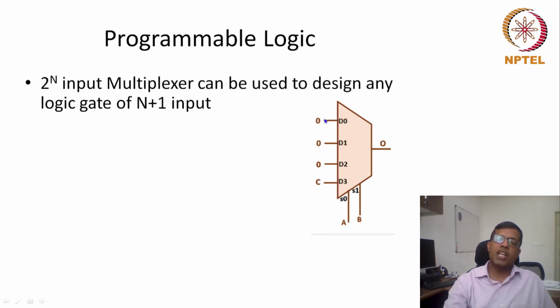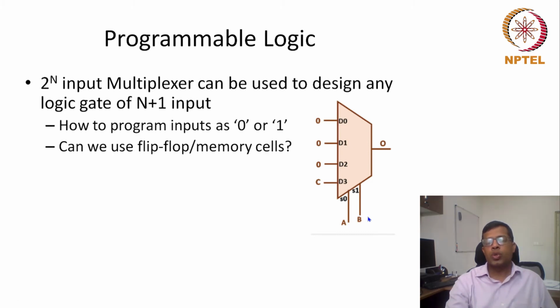So this particular design works as a 3 input AND gate. Similarly, these inputs could be 0 and 1, and sometimes we can have this also as a third input.